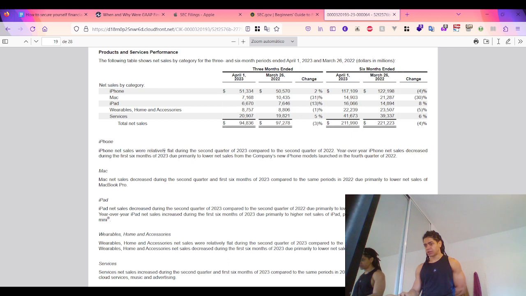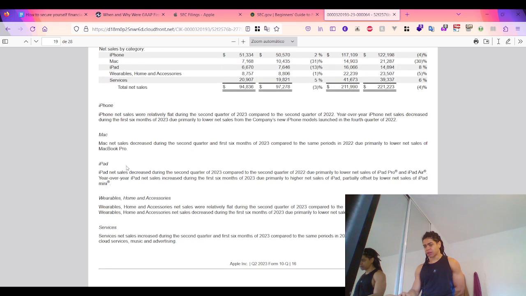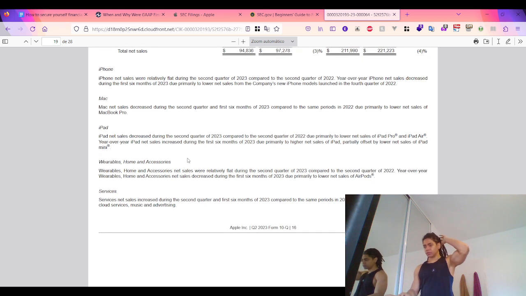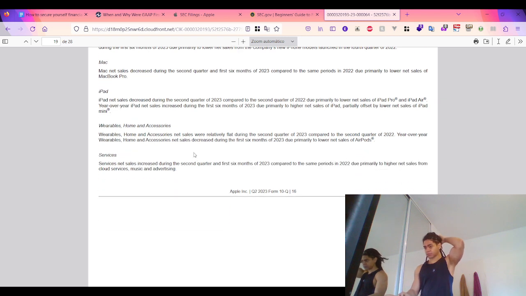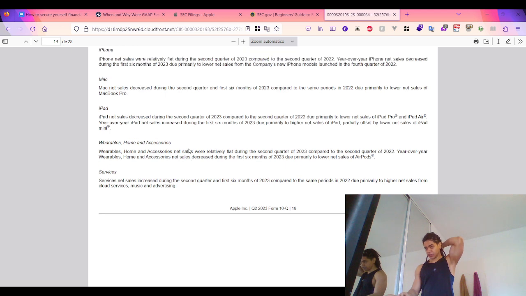iPhone net sales were relatively flat. Mac net sales decreased during the second quarter and first 6 months. iPad net sales decreased during the second quarter of 2023 compared to the second quarter of 2022, due primarily to lower net sales. Wearables. Services. The services increased.